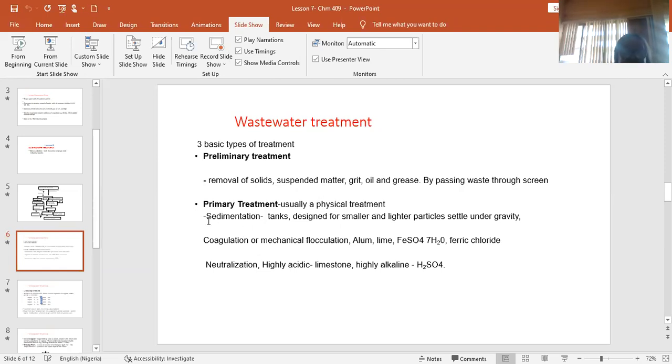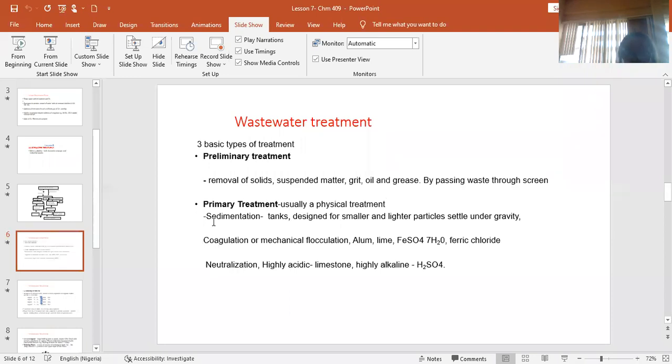You can have sedimentation, by having sedimentation tanks, which are designed for smaller and lighter particles to settle under gravity, and what you have on top is the clear water. That's a physical treatment of your wastewater.